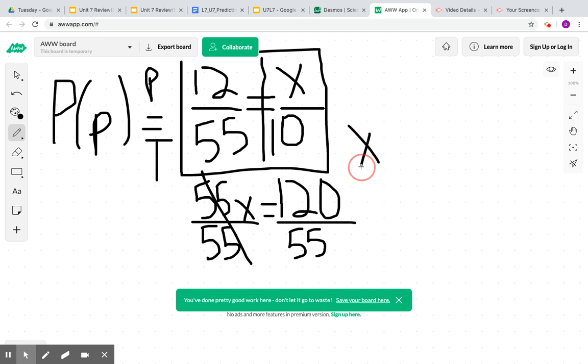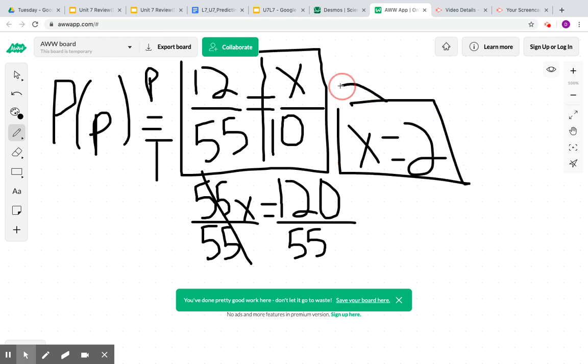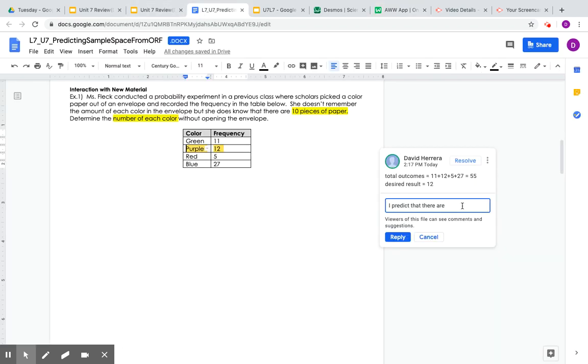So X equals 2. So this is my prediction. Out of the 10 pieces of paper, I predict that 2 are purple. So going back over here, I predict that there are 2 purple papers in the envelope.